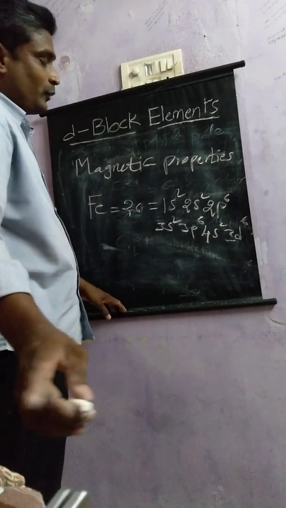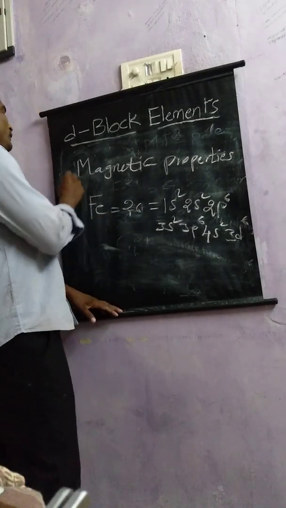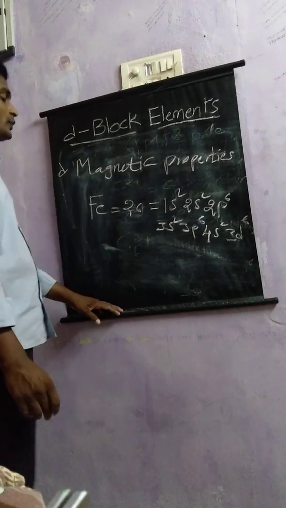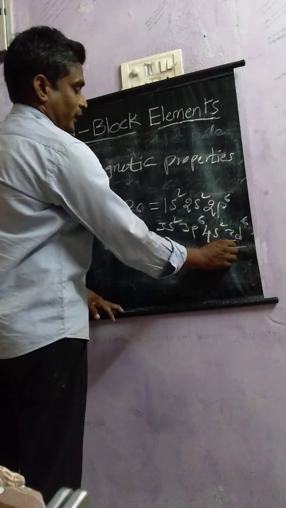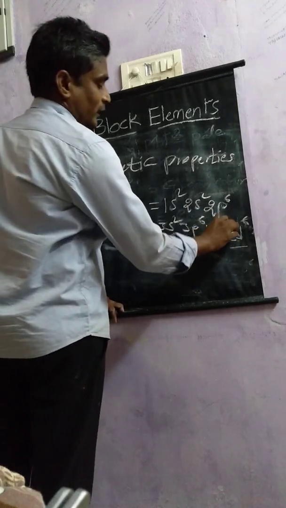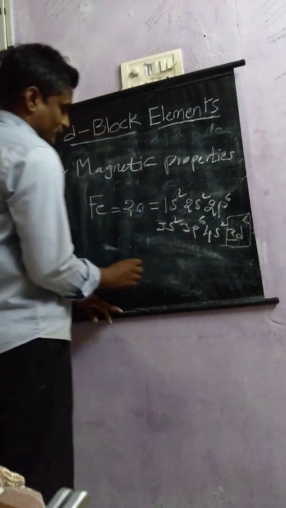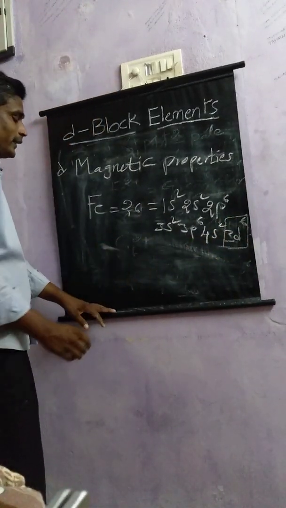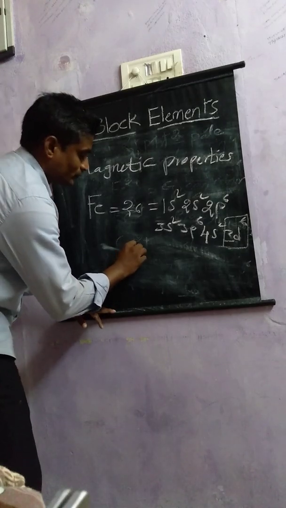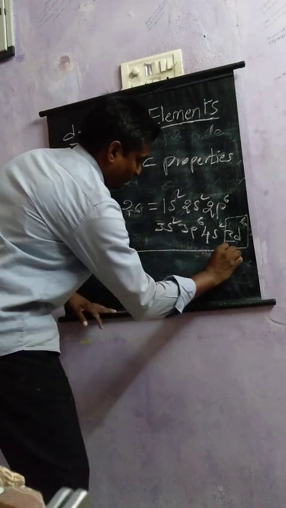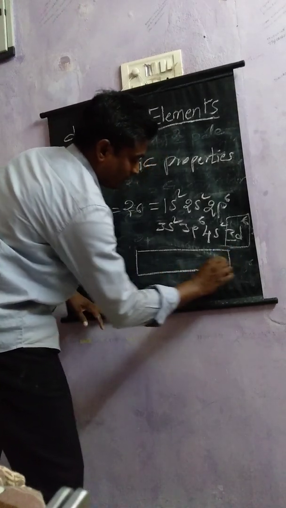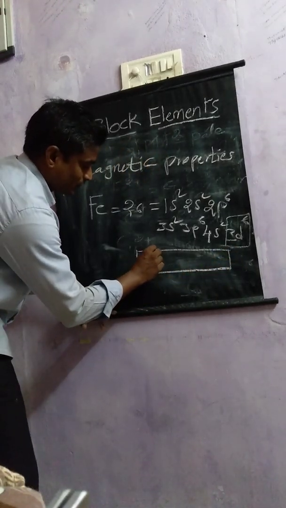Just now I have told you that the d sublevel contains a maximum of 10 electrons. So here, for iron, in the 3d sublevel there are only 6 electrons. I am drawing the d sublevel orbitals.